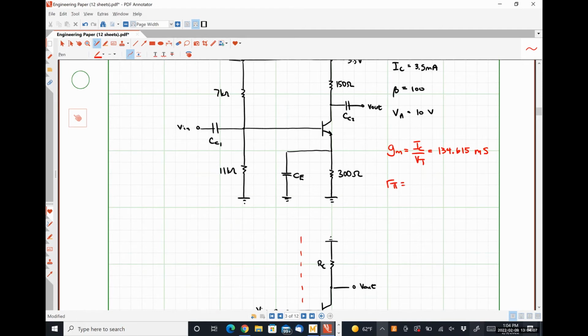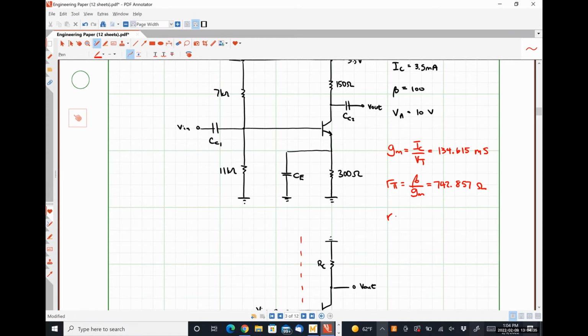Our next small signal parameter is the quantity r pi. What's that going to be? Beta over gm, which in this case would be a value of 742.857 ohms.